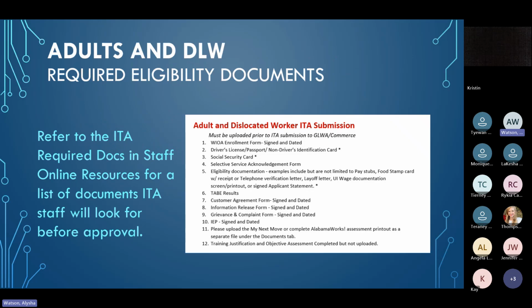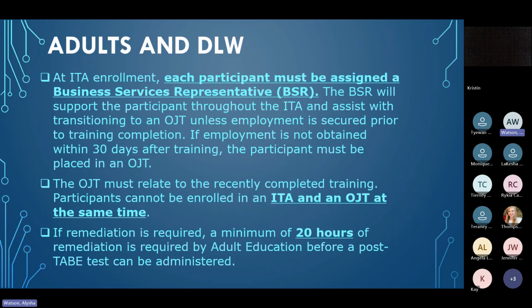All right, so this here is for adults and dislocated workers, and these are the required documents needed in order to be submitted for ITA consideration. For adults and dislocated workers, again, this does not pertain to you, but at enrollment, they must be paired with the business service rep, and those are in the career centers, because we want to make sure that participant is receiving all services.